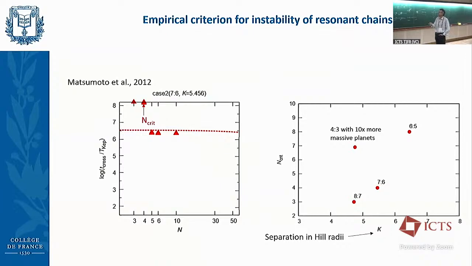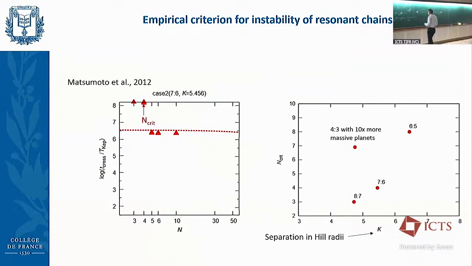Then they repeated the same exercise for different resonances, like 7 to 6, 8 to 7, 6 to 5, and so forth, with planets that have the same mass. They reported the results, the critical number of planets in resonance, as a function of how separated the planets in resonance are in terms of their mutual Hill radius.